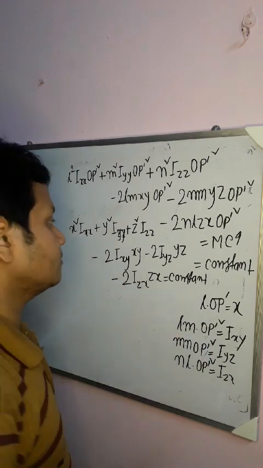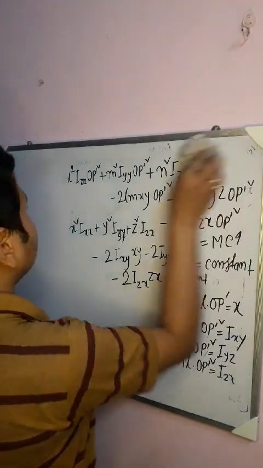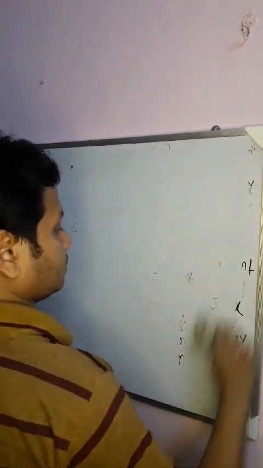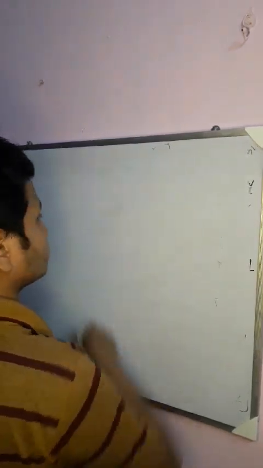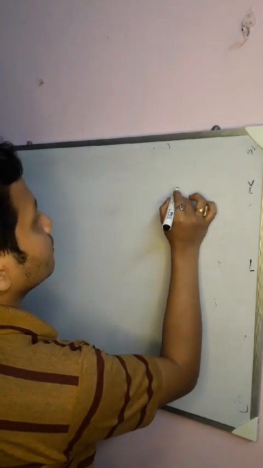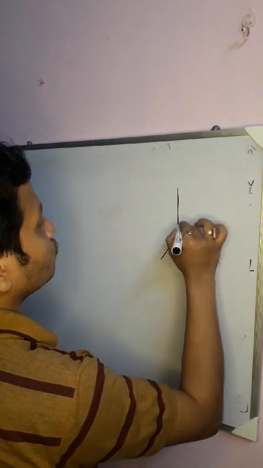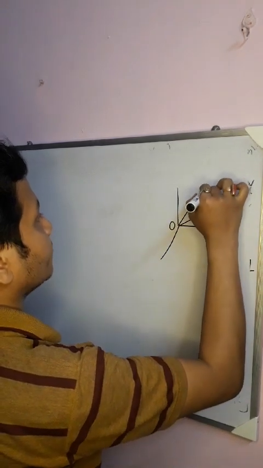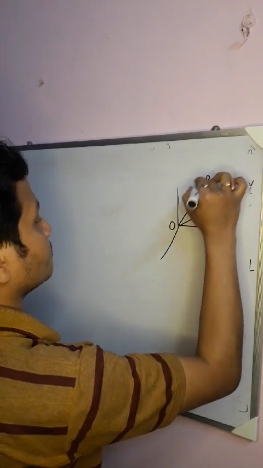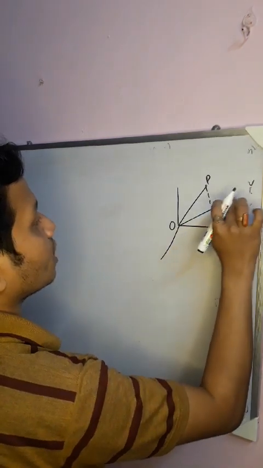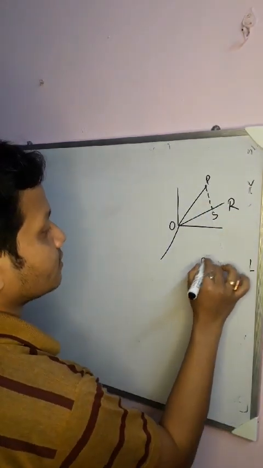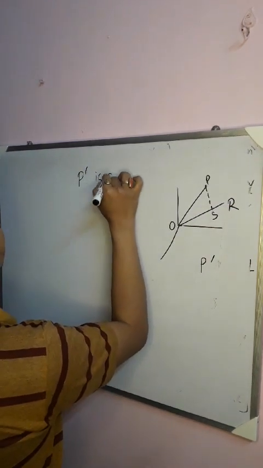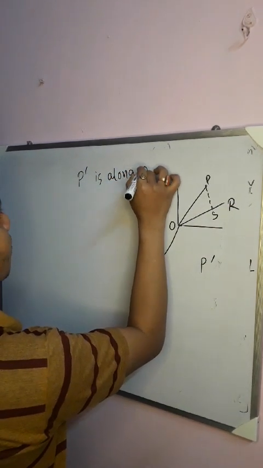We can clearly find this, because I have to draw the picture again so that it is clear to all of you. Here we choose the axis OR and we take a point P. This is say S. And along the line OR we choose any point P dash. So P dash is along OR.